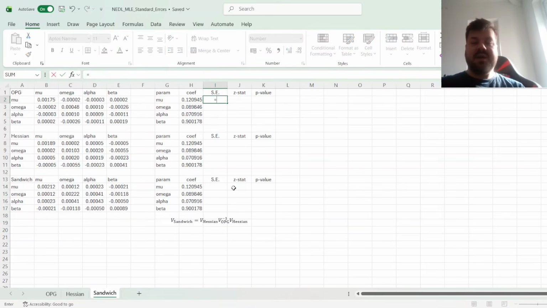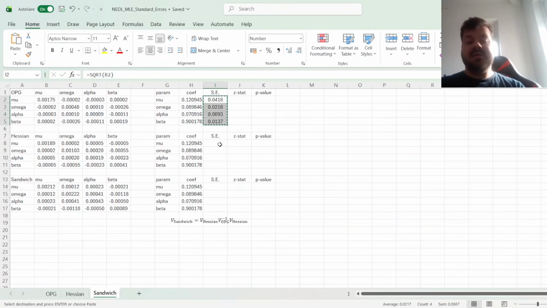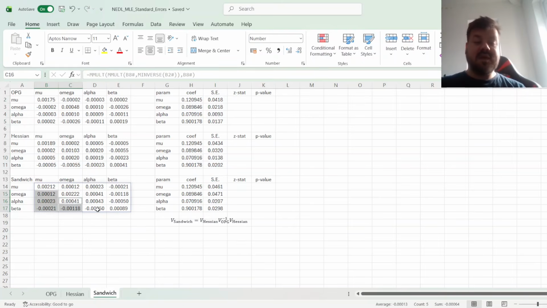So let's compare the standard errors from the three methods together. Obviously the standard errors are the square roots of the diagonal elements, as those diagonal elements are variances of individual model parameters. Obviously we can use the off-diagonal elements of the covariance matrices for things like Wald tests, but most commonly we just use the diagonal elements for the standard error calculations.